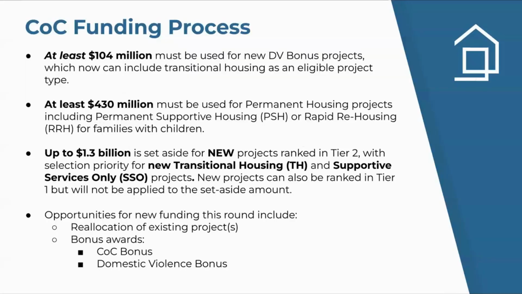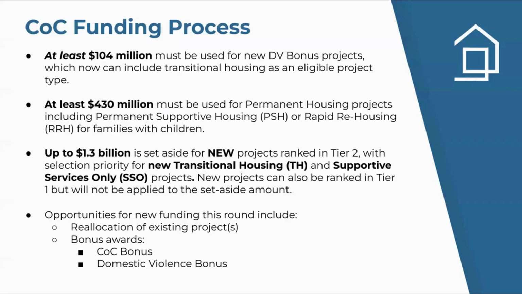Some new things that are in this NOFO: they've set aside $104 million that must be used for new DV bonus projects. And there's a new component that will include transitional housing only as an eligible project type. Also, they have set aside at least $430 million to be used for permanent supportive housing projects or rapid rehousing projects for families with children.